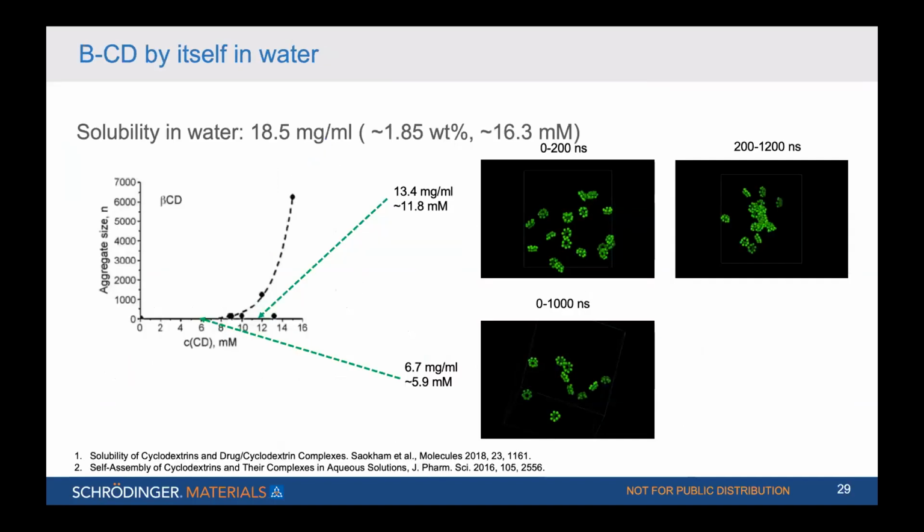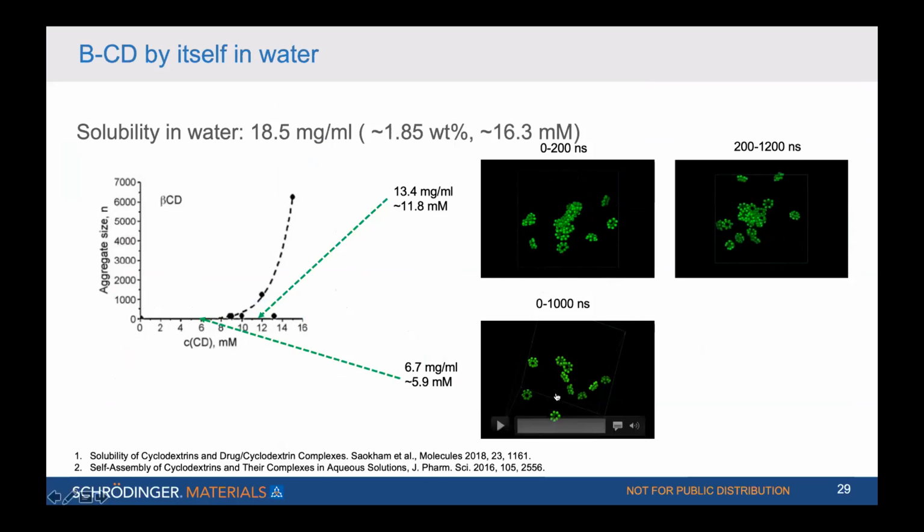Okay, and here is another example of beta cyclodextrin, which is used as a taste masker in most cases. Beyond a certain critical concentration, the beta cyclodextrin is going to aggregate, whereas below a certain concentration it is not going to aggregate.